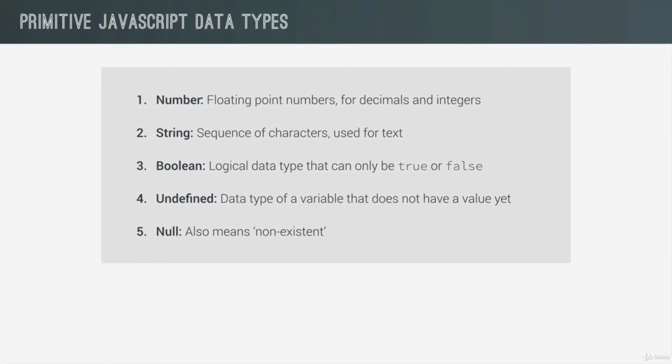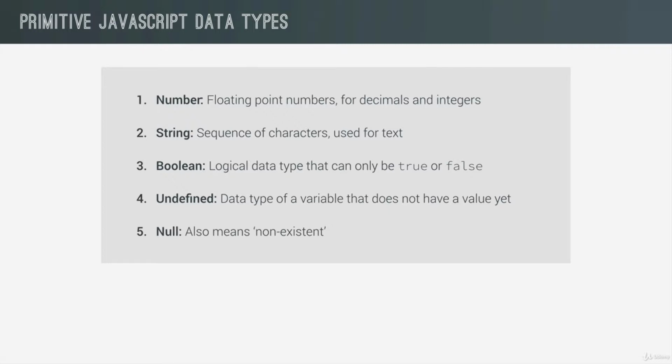In JavaScript, there are 5 different primitive data types: number, string, boolean, undefined, and null. So far, we have already seen the number and the string. Now, primitive data type just means that it's not for objects, unlike most things in JavaScript. So they are just simple, primitive, non-object data types.